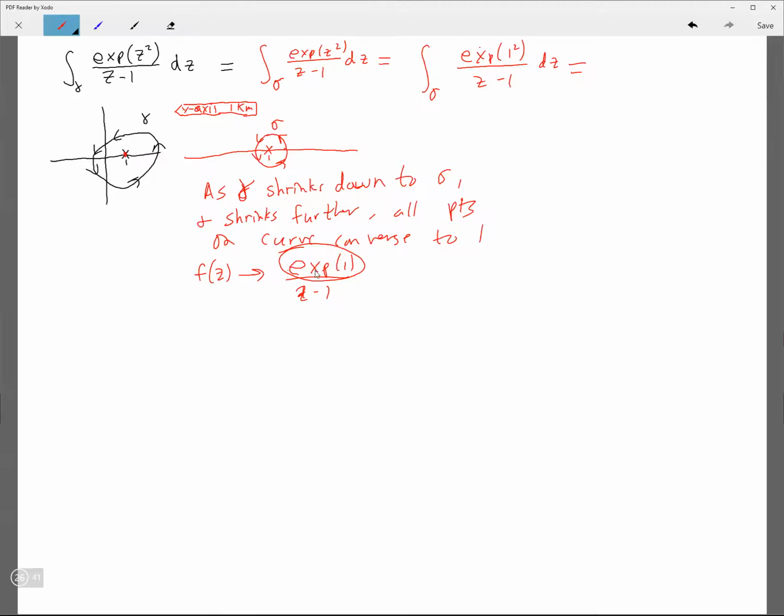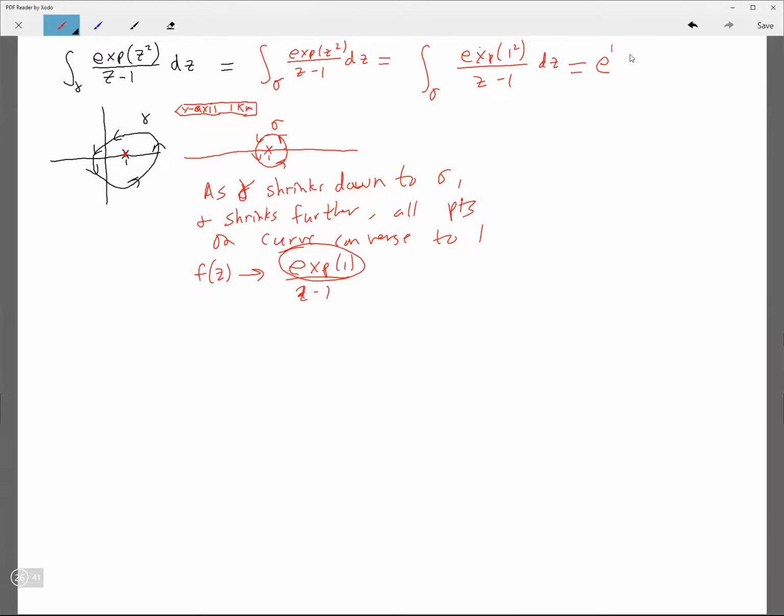This is by no means a mathematical proof. You can look up the proof in the book. I'll show you in a minute. But this is kind of just a rationale for what I'm trying to show here. And this is really e to the 1, right? Just e to the 1.